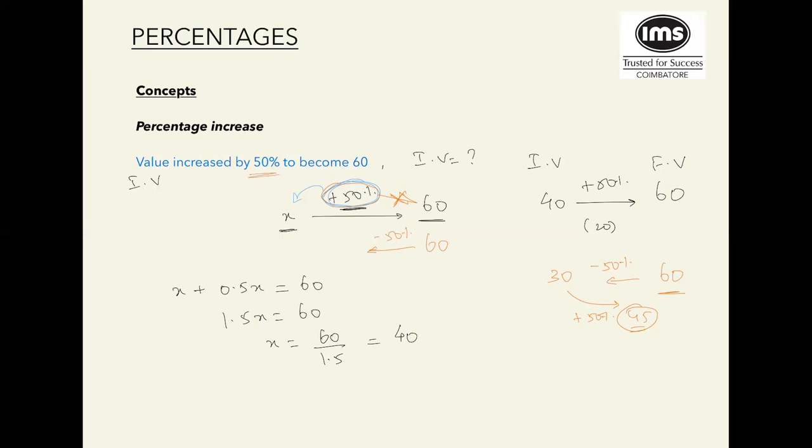If it says something is increased by 50%, this particular value is 50%. So the final answer to this question is 40. So 40 increased by 50% becomes 60.